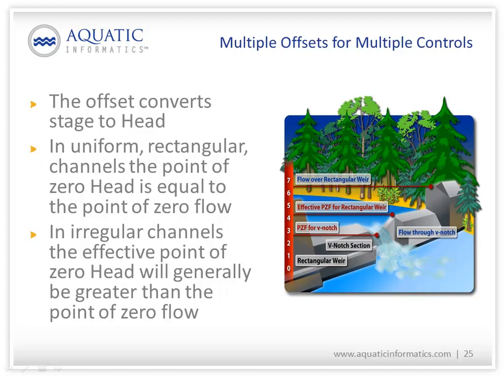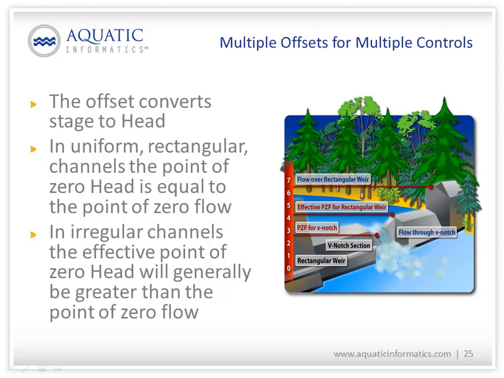Whereas once there's so much water that it's pouring over the rectangular portion of the weir, the contribution of the V to the total flow is small, and it isn't really a true measure of how much energy is available for driving flow. So we want to use that higher sill elevation for the rectangular weir as our effective point of zero head.